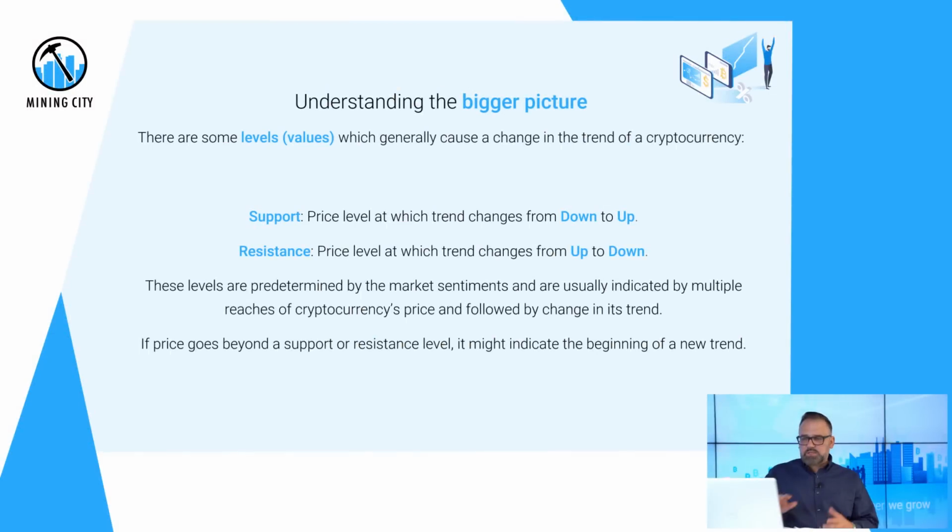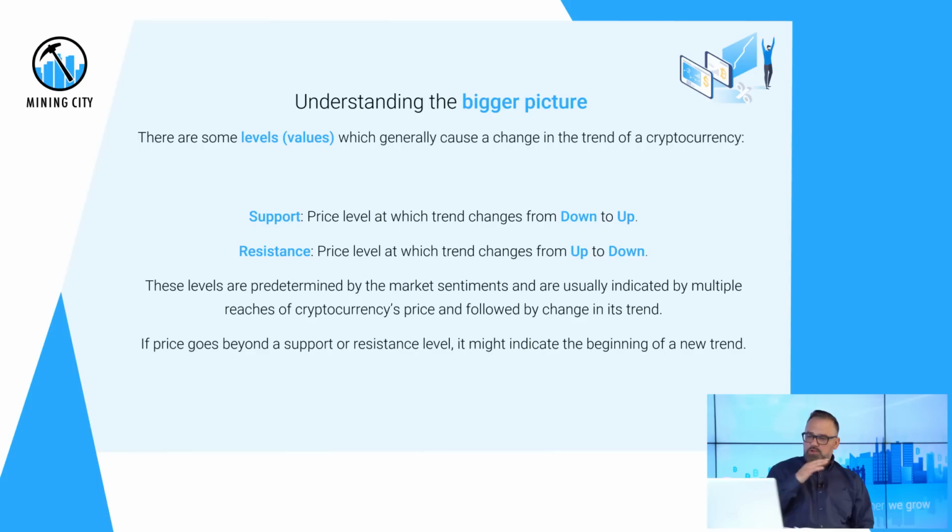So, before you actually start trading, it is crucial to understand, uncover, and analyze where the market is heading. Whether the trend lines are predicting a hike, or are the prices going to tumble? You see, when it comes to market technical analysis, there are some levels of value that can cause a change in the trend of a cryptocurrency.